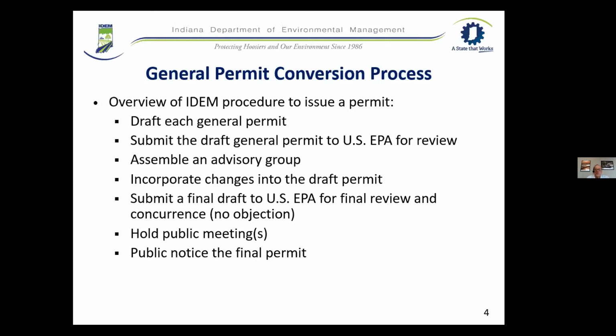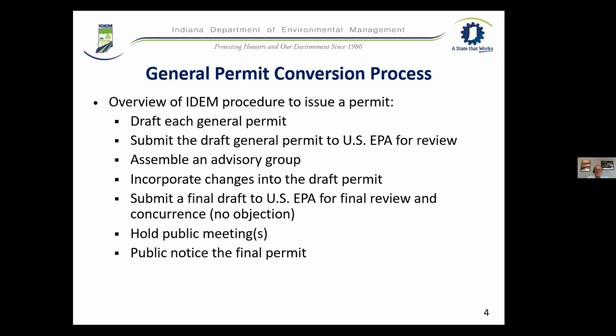Once we get to a point where we feel comfortable with input from the advisory group and from the public, because the way the advisory group is set up is that we'll contact different organizations, and our expectation is that the representative will reach out to their constituents and get feedback between meetings. So we feel like we get a lot of input on the development of the permits this way.